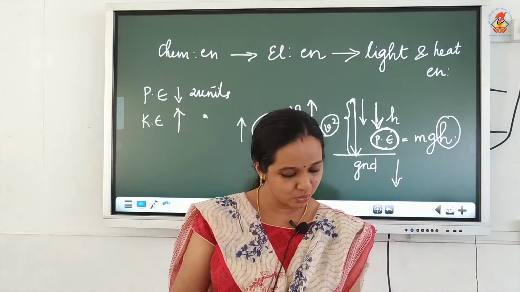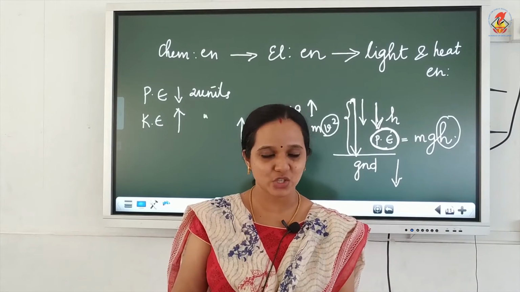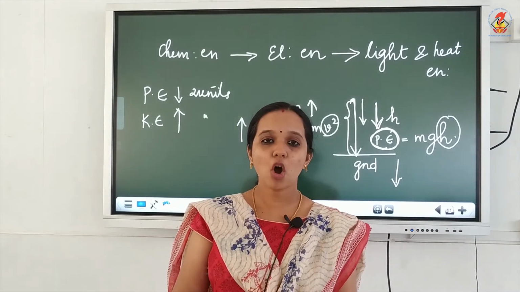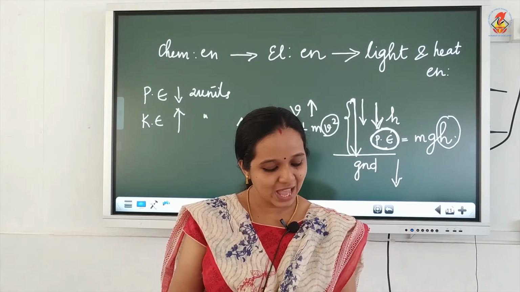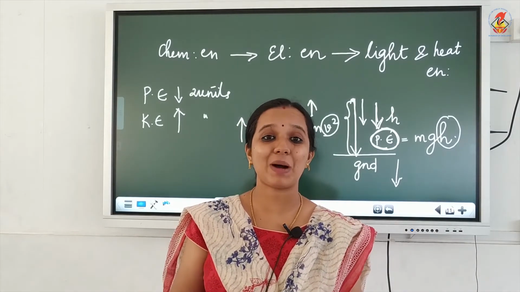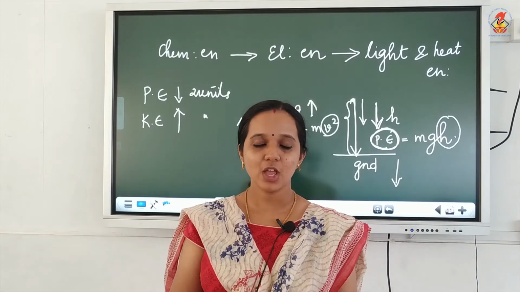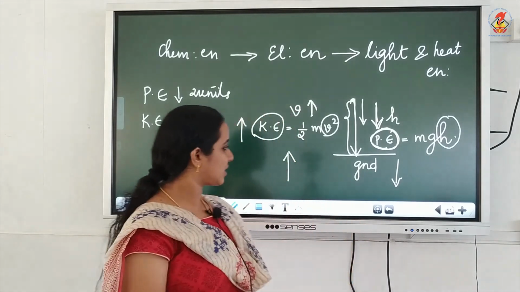Now, moving on to the 7th question of your textual exercise. What are the various energy transformations that occur when you are riding a bicycle? So, when you are riding a bicycle, in order to ride it, you have to pedal it.